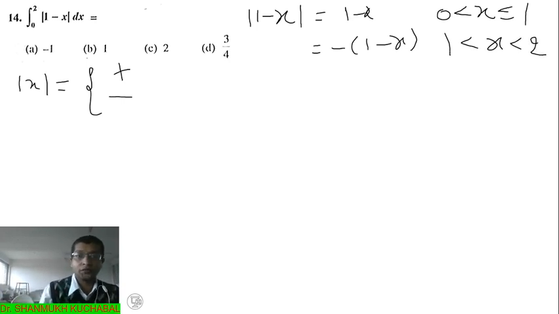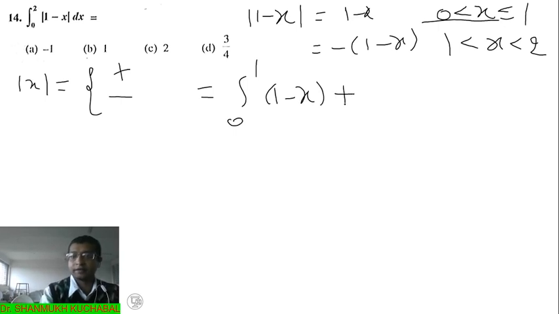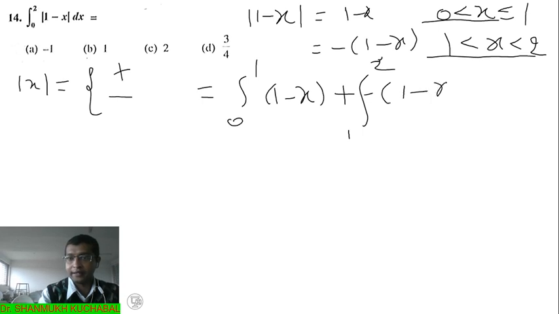Okay, so we will split this into two integrals: first, x from 0 to 1, it is plus 1 minus x, and further plus another one from 1 to 2, it is minus 1 minus x.